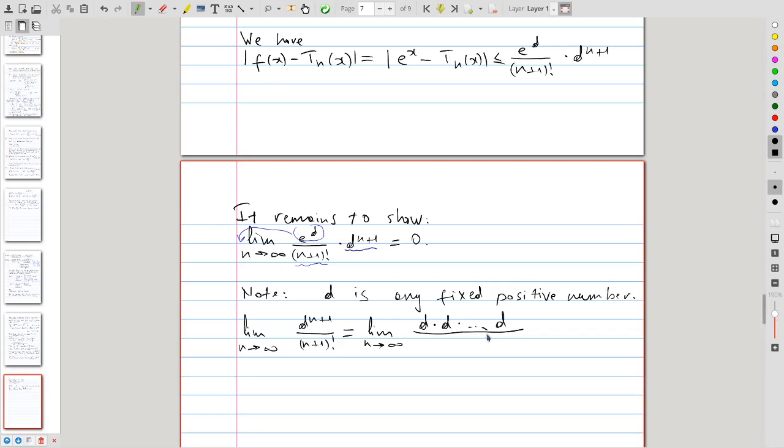Similarly, we have n plus 1 factors in the denominator, but they vary from 1 to n plus 1. So they go like this: 1, 2, and so on, up to n plus 1.